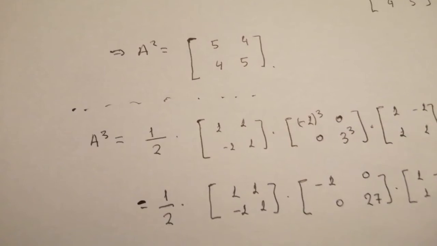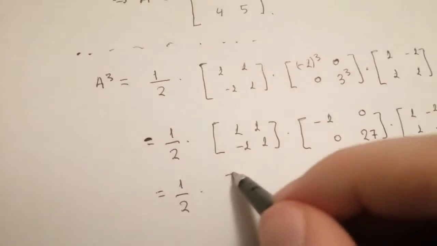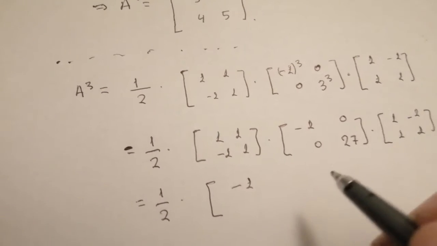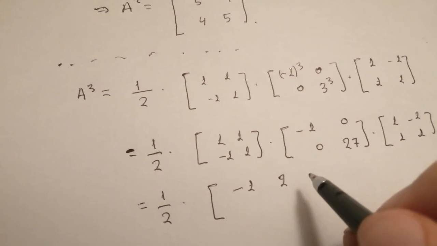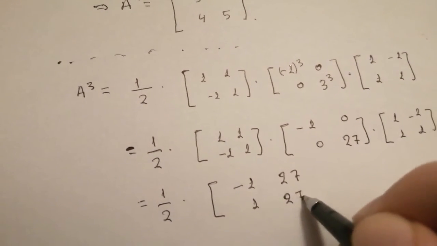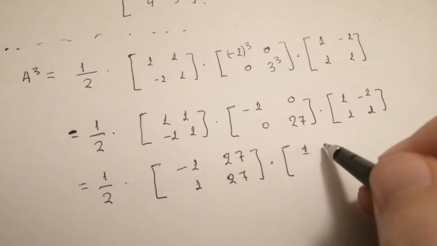Now this should be minus 1, 27, 1, and 27 times the other matrix.